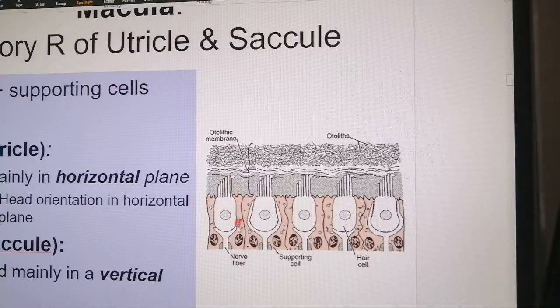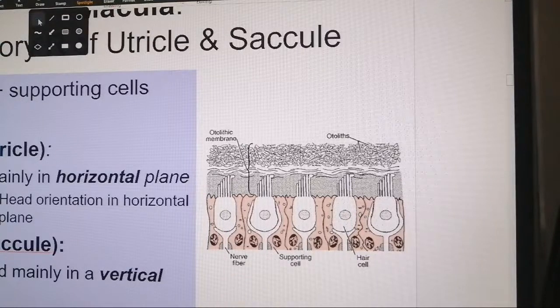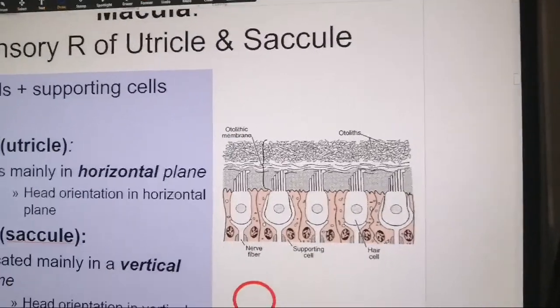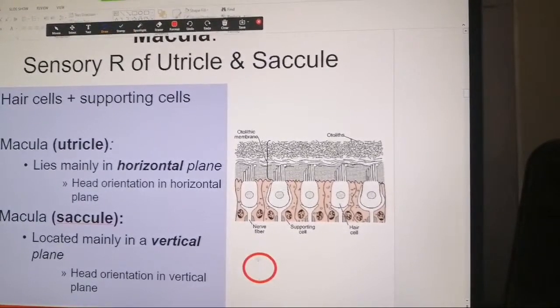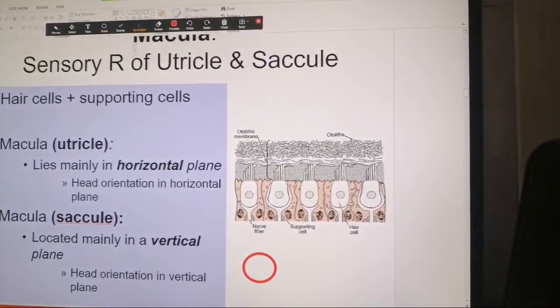Look, this is Mr. Hair cell. This is Mr. Nerve. Okay? This here is the vestibular apparatus. I've just made a simplified version.